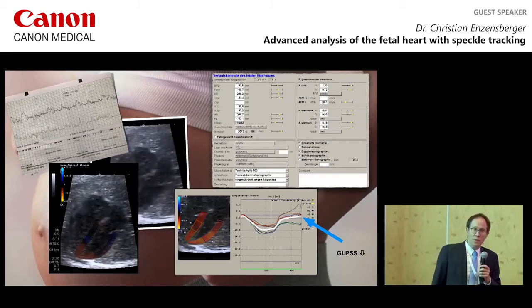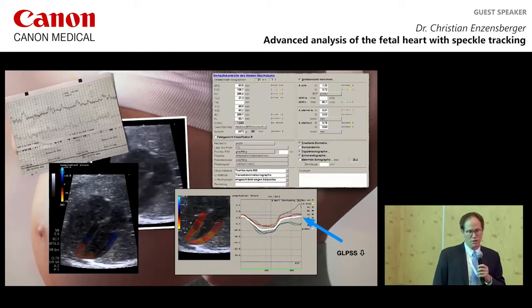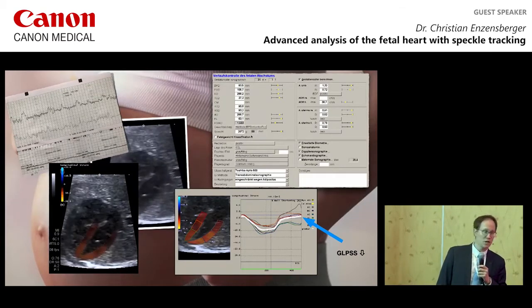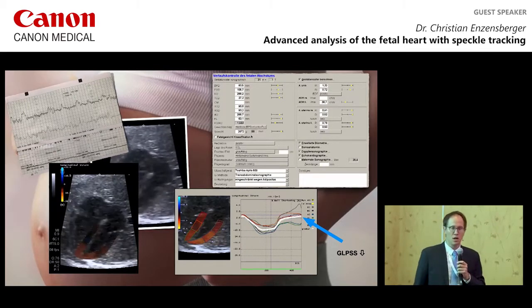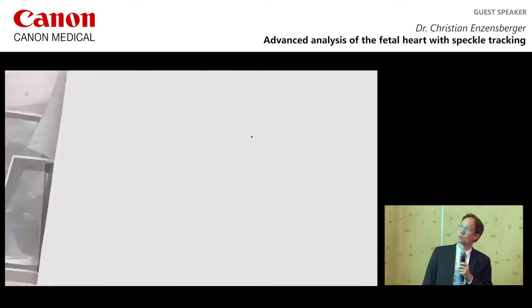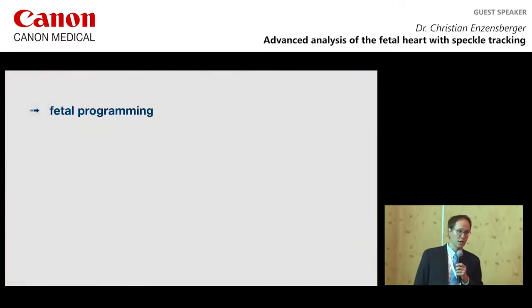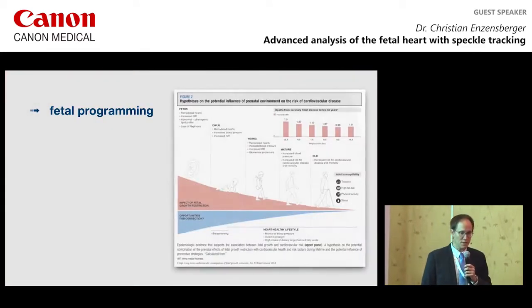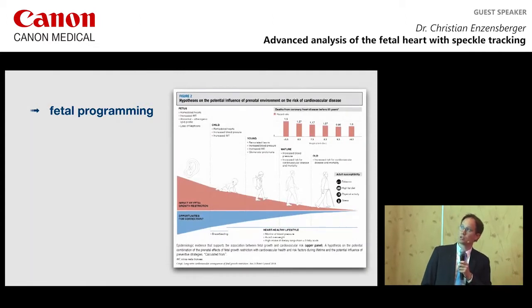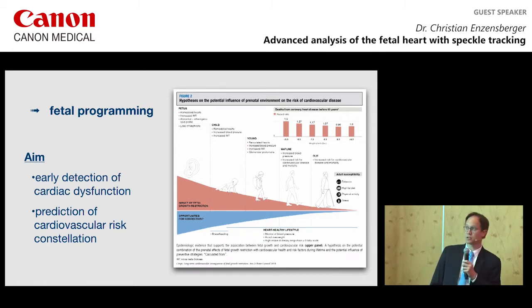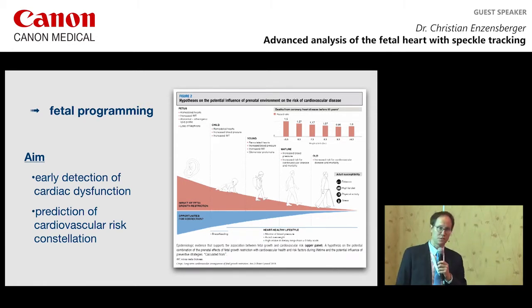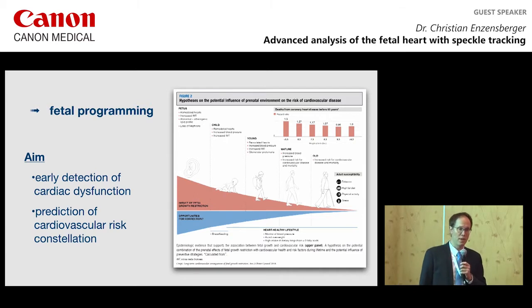Now, this might be a hint or an indication for cardiac remodeling in gestational diabetes as a part of so-called fetal programming. We all know about that, and with the knowledge of that, we should have the aim of an early detection of cardiac dysfunction and the prediction of cardiovascular risk constellation.